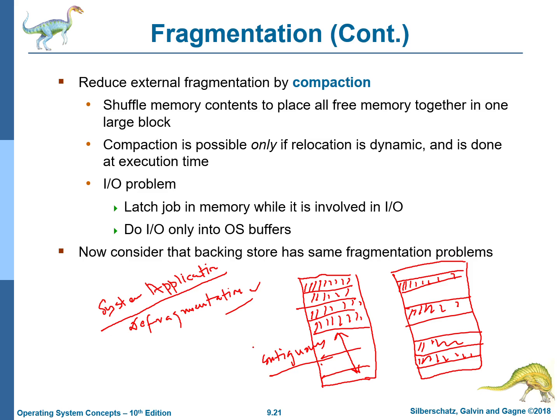But the problem with the compaction approach is that for moving data from one place to another place, we need input output. The input output routines are involved in this, and this is again not CPU efficient and time consuming.